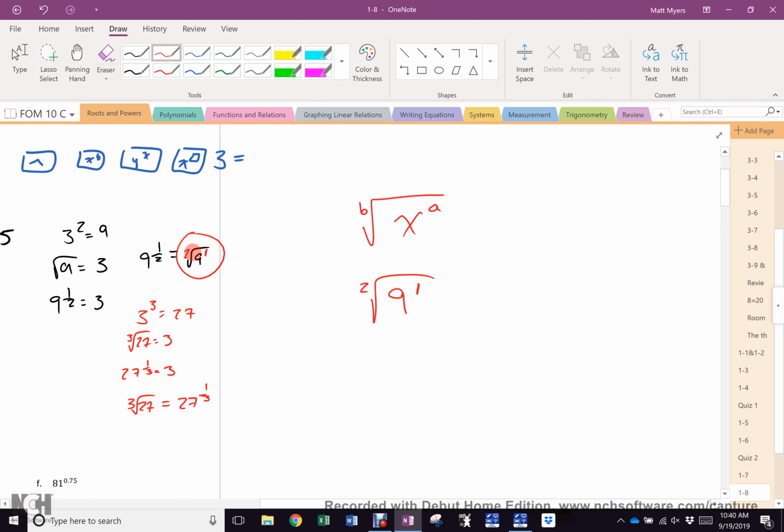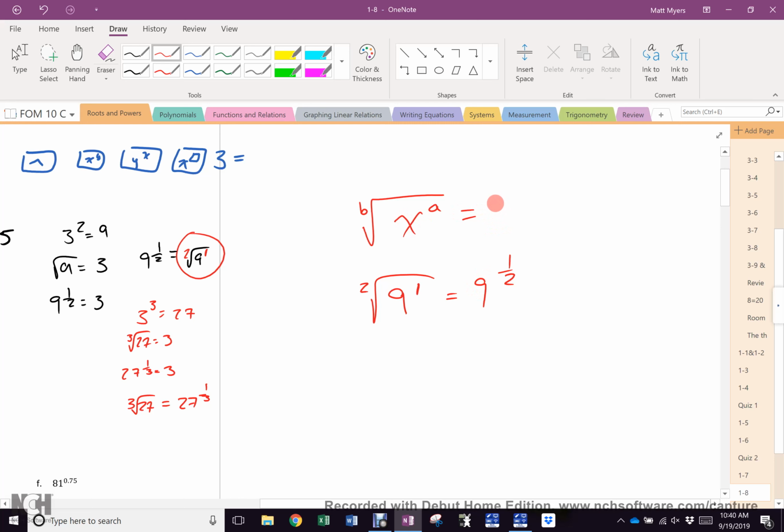And we also know that this equals 9 to the 1/2. Does everybody see how this works? The index becomes the denominator, the power becomes the numerator. So what would it look like for every case, not specifics? What would be the base out here if I was writing this like this?